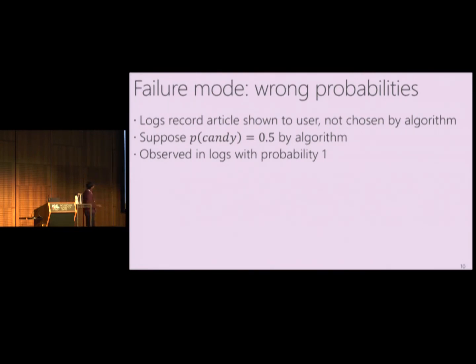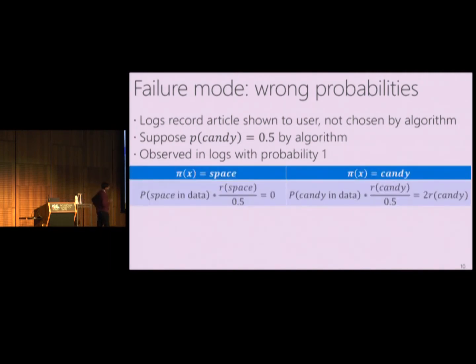So we have a mismatch here. Let's think about the impact of this mismatch for off-policy evaluation. So let's take a policy that would have picked the space-related story. And let's think about what would happen if we apply the IPS technique, the inverse propensity scoring technique, to that policy.